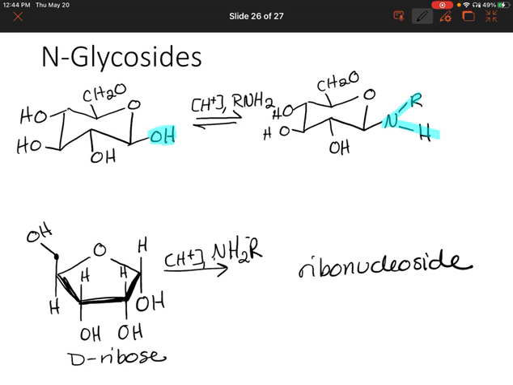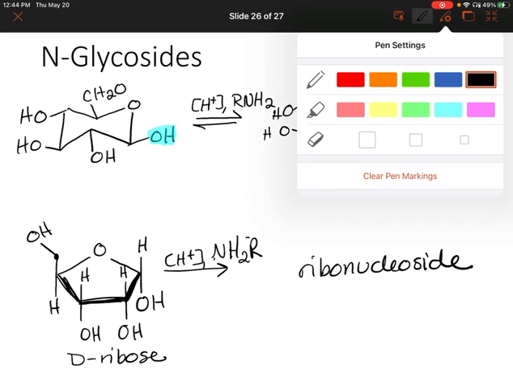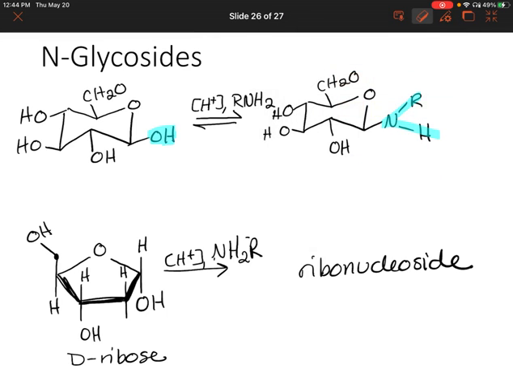We can also do the same thing with something called deoxyribo, or 2-deoxy-D-ribose, excuse me. 2-deoxy-D-ribose looks a little bit different. We would replace this OH group here with a hydrogen, and then that becomes our 2-deoxy-D-ribose.